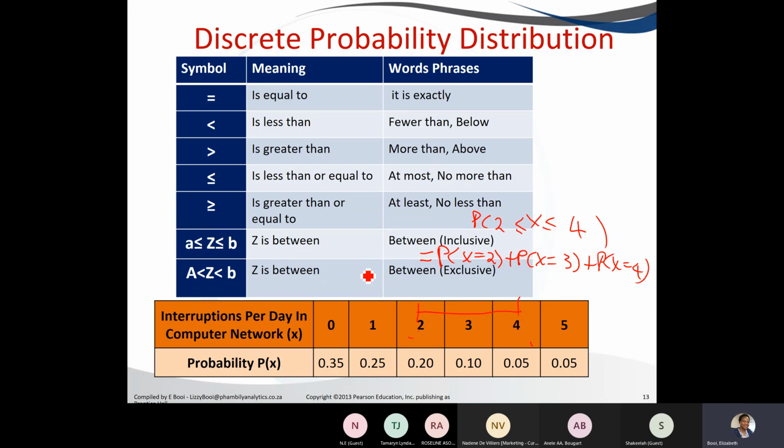So we need to include them. So the probability will be equal to 0.20 plus 0.10 plus 0.05, which then the probability is equal to 0.35.